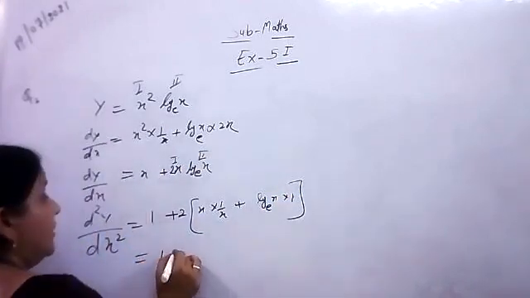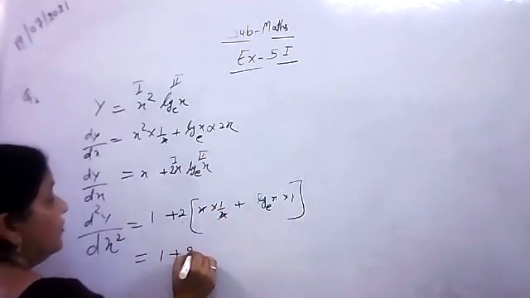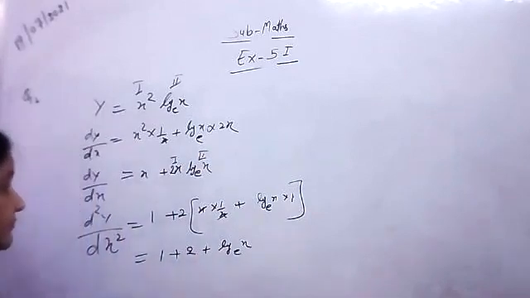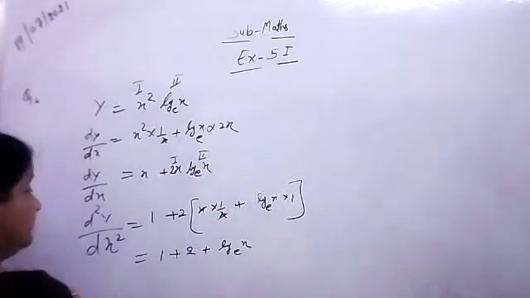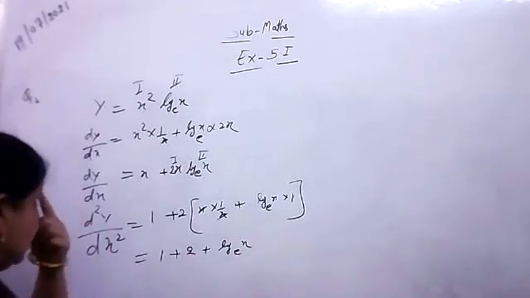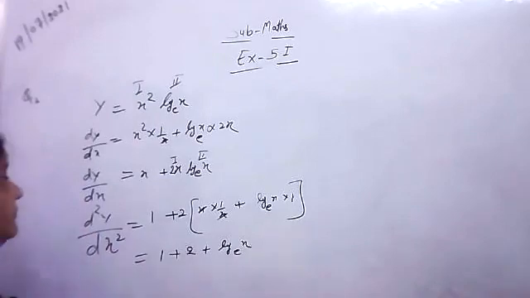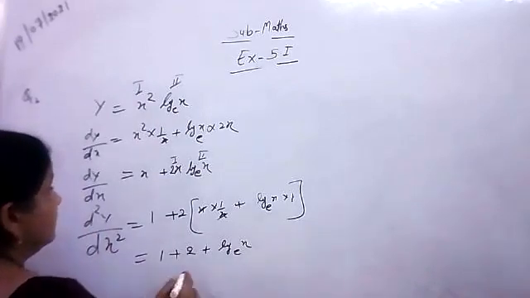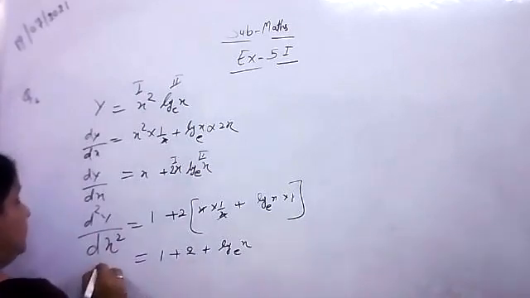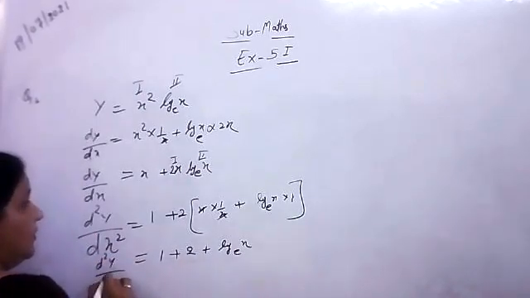So here 1 plus, this cancels, 2 plus log x. This is the value of d2y upon dx2.